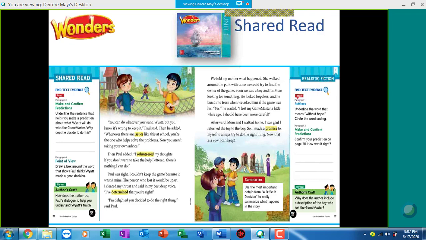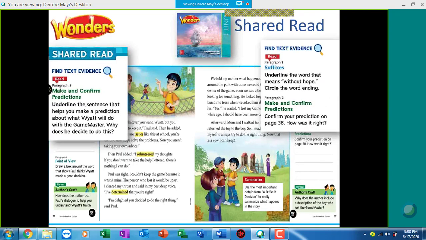Underline the sentence that helps you make a prediction about what Wyatt will do with the game master. Why does he decide to do this? We also want students, on the right side of the page, you'll see that they are underlining a word which means without hope. Circle the ending because the focus is also on suffixes. So this is what's happening the first time students read.